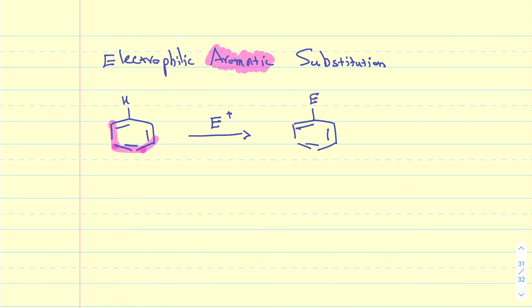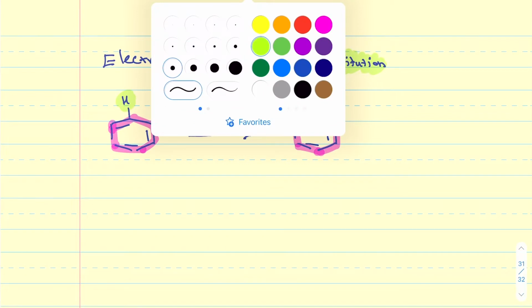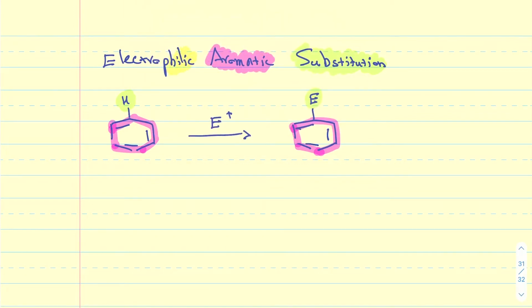This is an aromatic compound. It is a substitution reaction, meaning a hydrogen on our aromatic compound gets substituted for an electrophile, and it's electrophilic, meaning that it's generated or initiated with an electrophile.